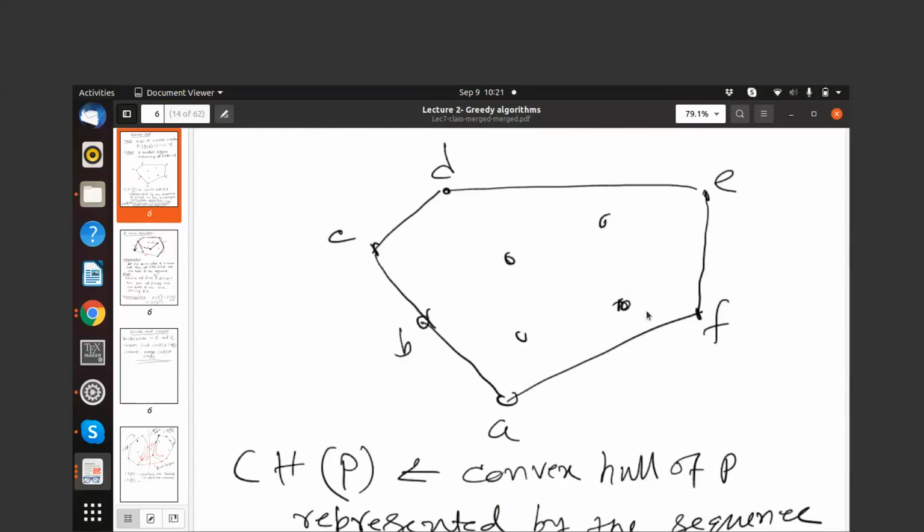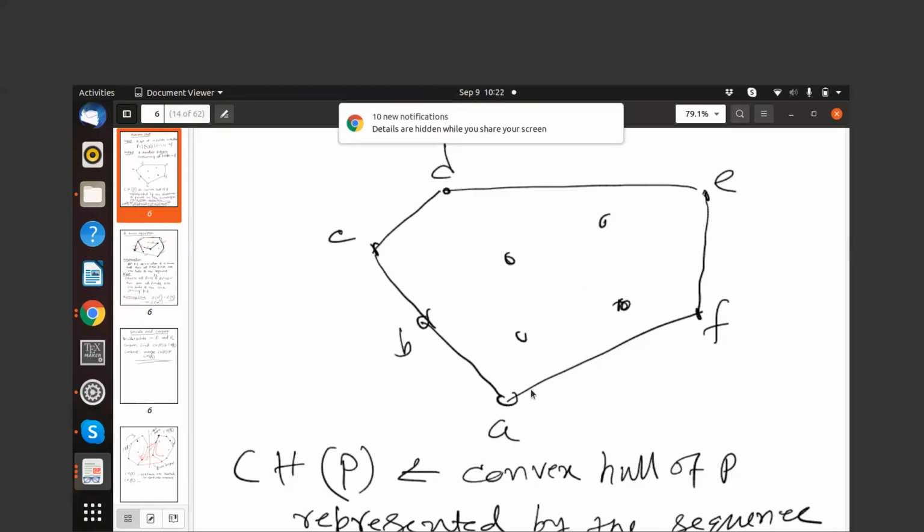Okay. So how many pairs of points do we have? There are n choose 2, which is roughly big O n square. And whether a point is on the left side or right side, you can check by computing the cross product in constant time, and check for all n minus 2 points, ignoring these 2 points.